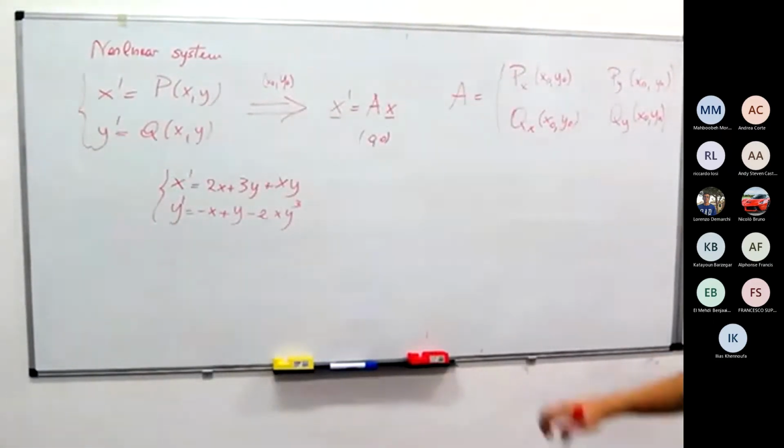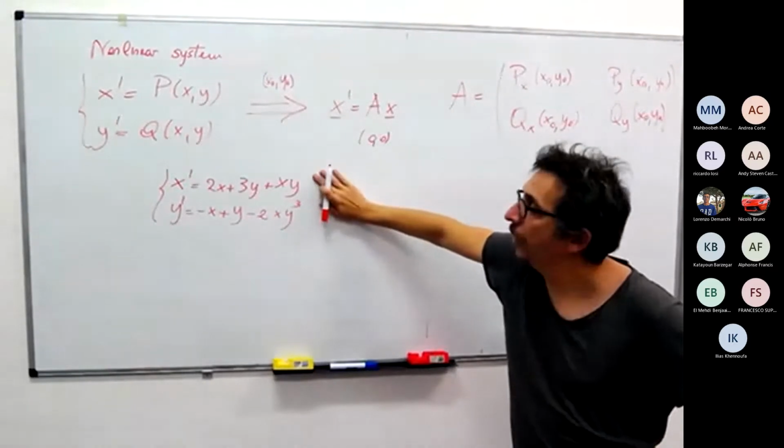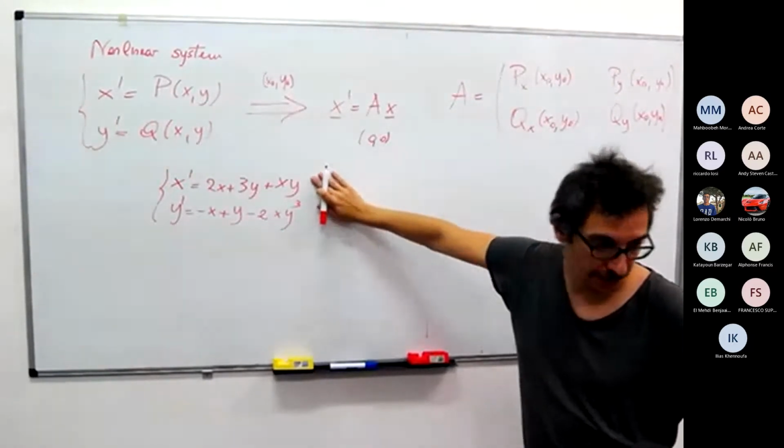Okay. Now, the first thing that you have to do is to find the critical points for the nonlinear system.